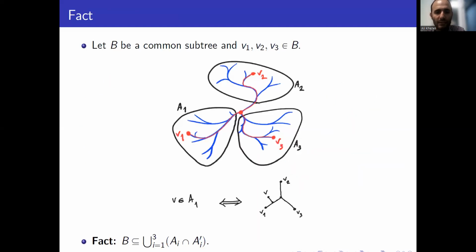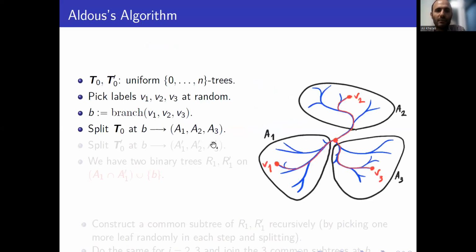So this is the simple fact, which is if we pick 3 points in the common subtree, then we can obtain this inclusion, which means that we can throw out everything that is not in this union. Now Aldous defines an algorithm with this simple fact.